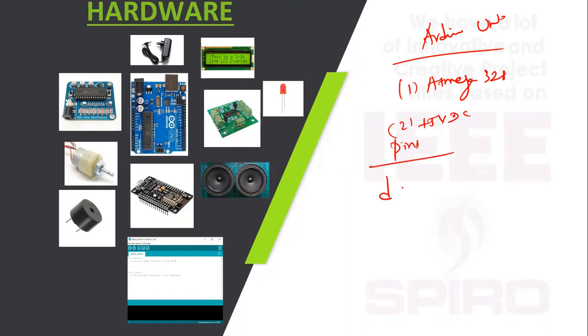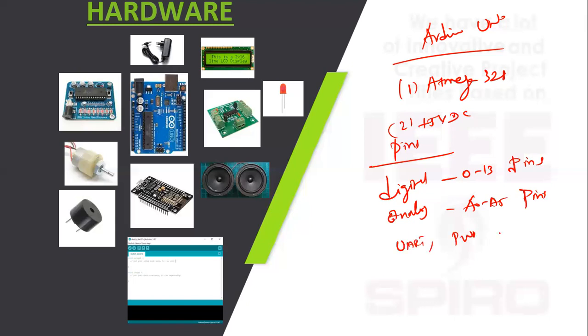It has two types of pins, one digital and another analog. In digital, it has pins 0 to 13. In analog, it has pins A0 to A5. Here we are using communication such as UART, PWM, etc.